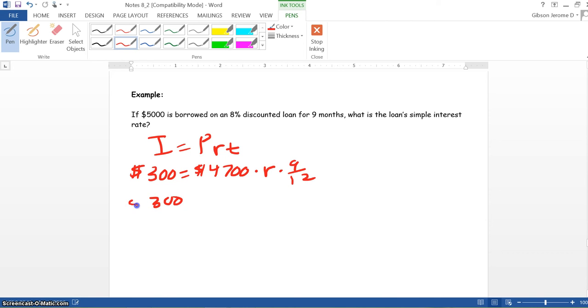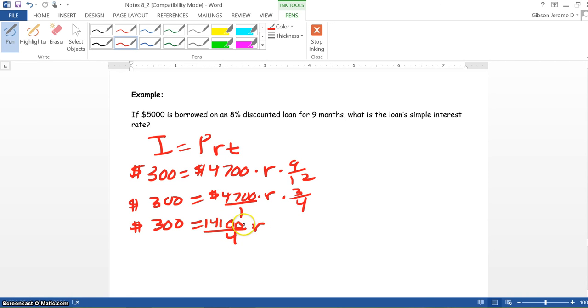So we had $300 is equal to, now we could take this, well, let's do this. This would be 4,700 times the rate times, now 9/12 can be simplified to 3/4. So then we could have $300 is equal to, now we would take 4,700 times 3, which would give us 14,100 all over 4.